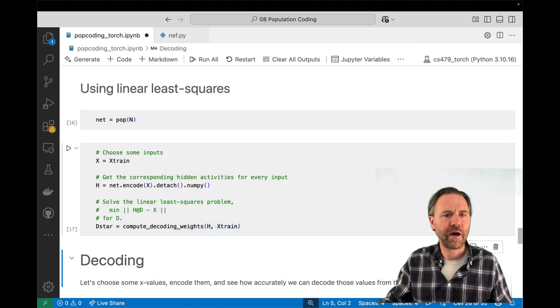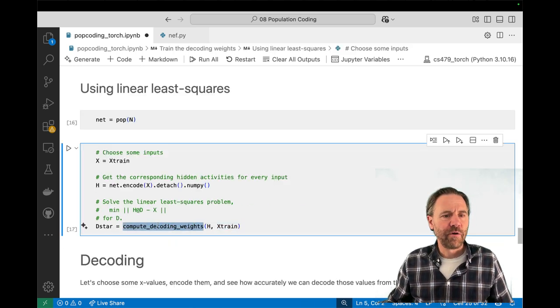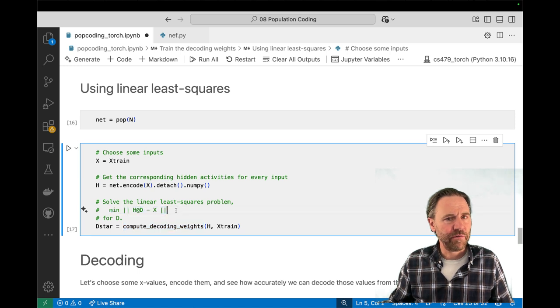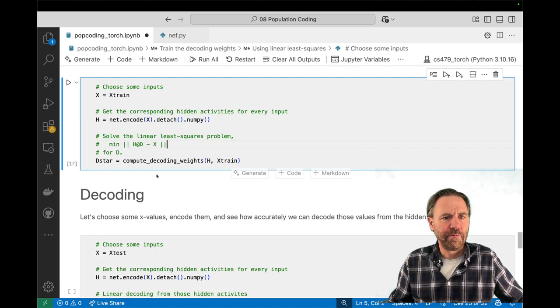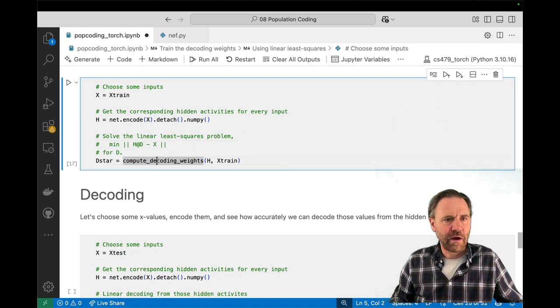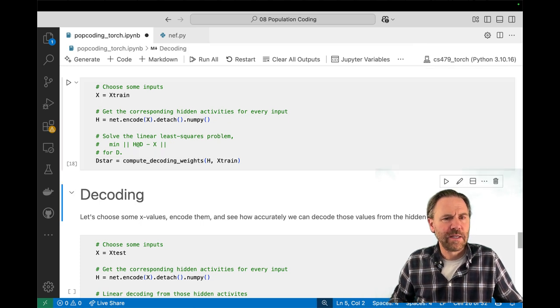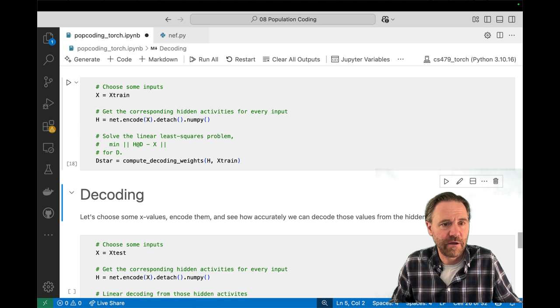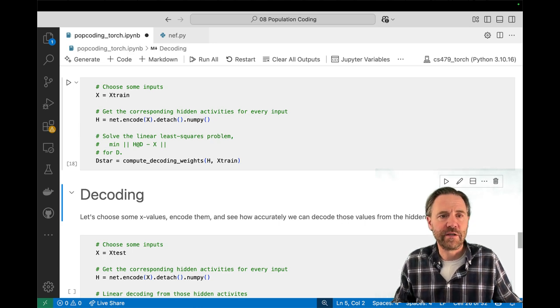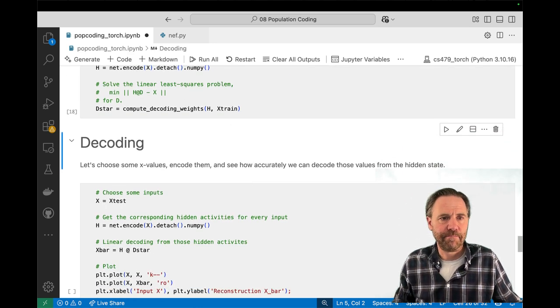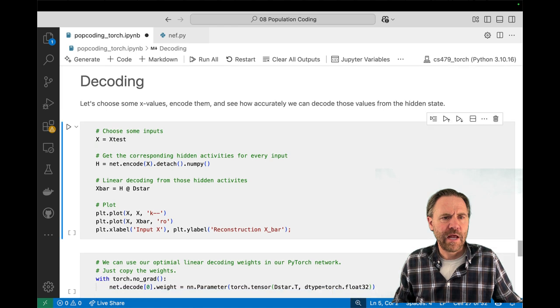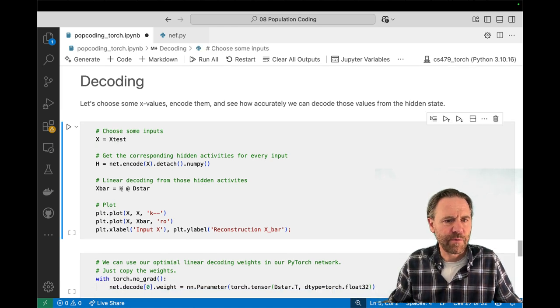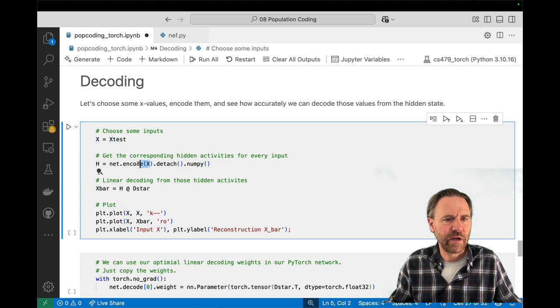So I'm going to hide from you the way we solve this because that's part of your assignment. But it's wrapped up in a function somewhere. So d star is now that set of decoding weights that is a solution of the least squares problem. And now if I use those weights, I can take, so h is I take my x values, and I encode them.